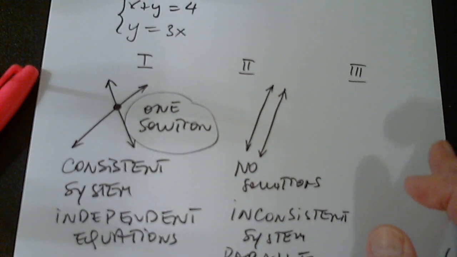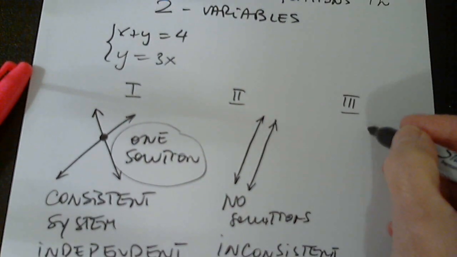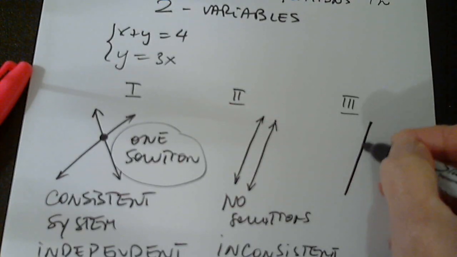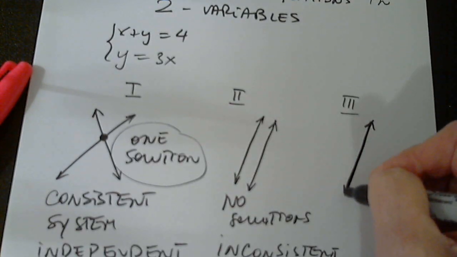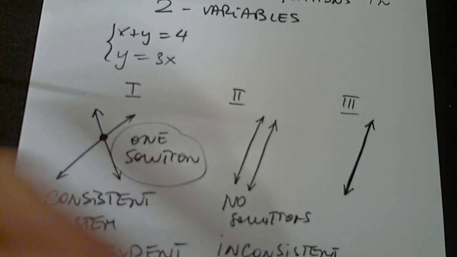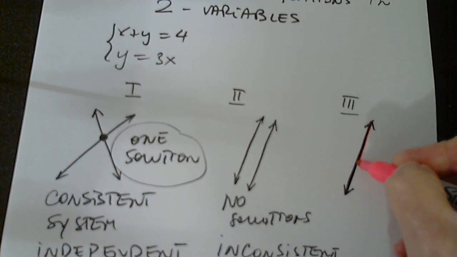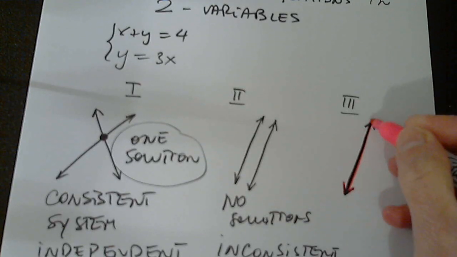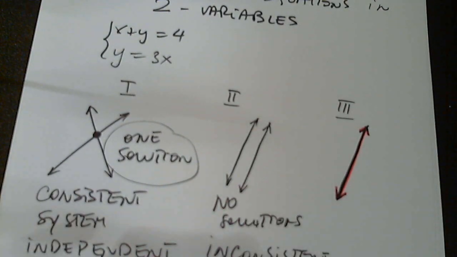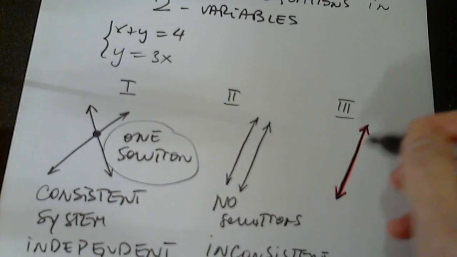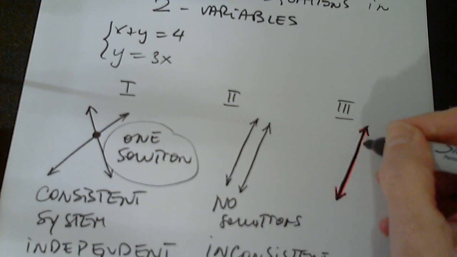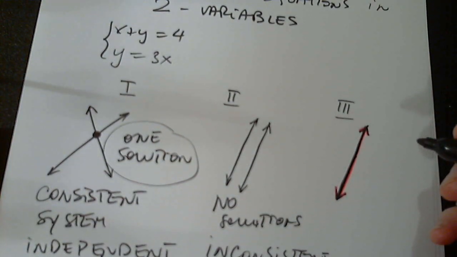And what is the third option? Here's the third option. This is one equation, and this is the other one. Which means the system is consistent because each and every point belongs to both equations.